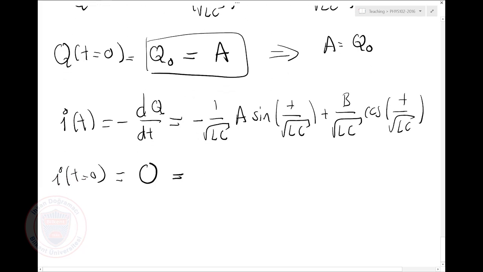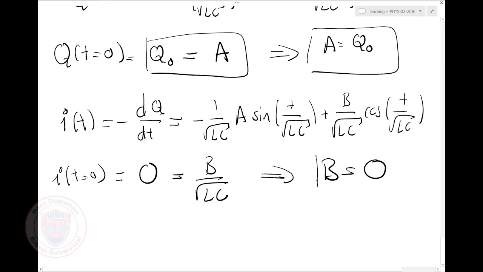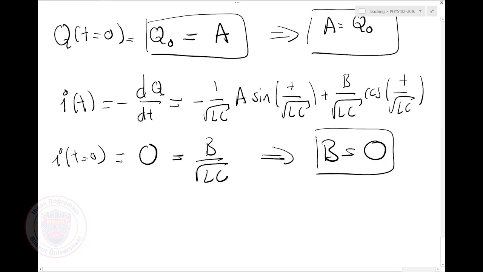So it must be 0. So I'm just plugging in 0 here. When I plug in 0, sine 0 is 0. This is going to be B over square root of LC. So apparently B itself is 0.